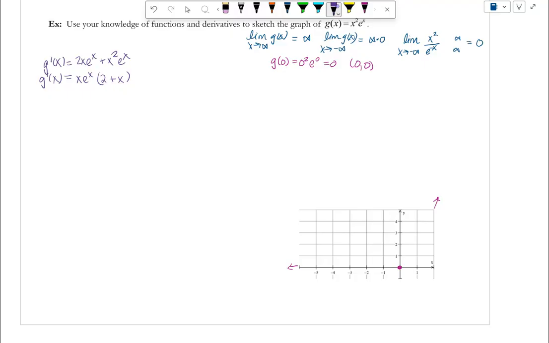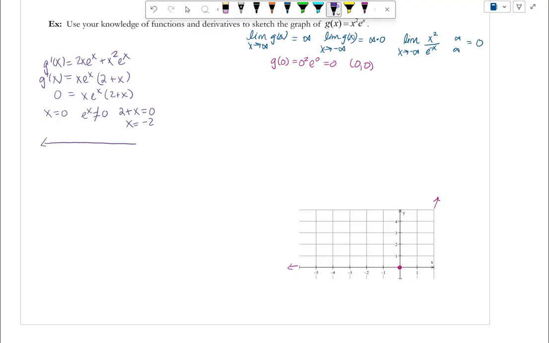So again, I'm looking for critical values. This is never undefined. So if I set g prime equal to 0, using the zero product property, x could equal 0, e to the x could equal 0, except it can't because e to the x is not 0, and 2 plus x could equal 0. So we get two critical values: x equals 0 and x equals -2.